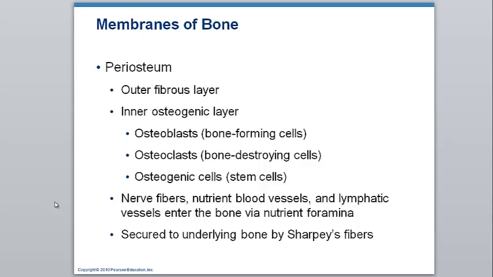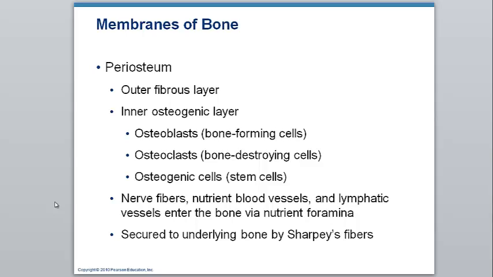Like I said, the periosteum has two layers: an outer fibrous layer for protection, and an innermost layer which is osteogenic. Osteo means bone, genic means birth, new, right? It contains a lot of new cells: osteoblasts, osteoclasts, and osteogenic cells. Osteogenic cells are stem cells, pluripotent cells.